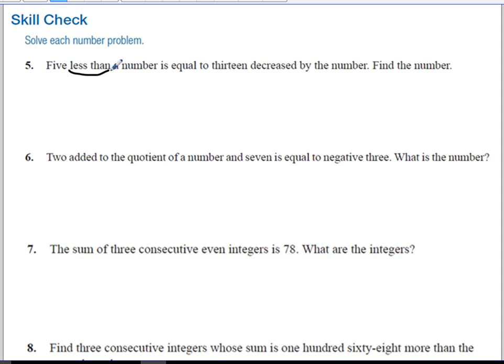Don't forget things like less than changes the order, decreased by. Make sure you're noticing the difference. Less than switches the order, decreased by doesn't. And there's the equals here. So 5 less than a number actually would translate to n minus 5, if you're using n for your unknown number, is equal to 13.